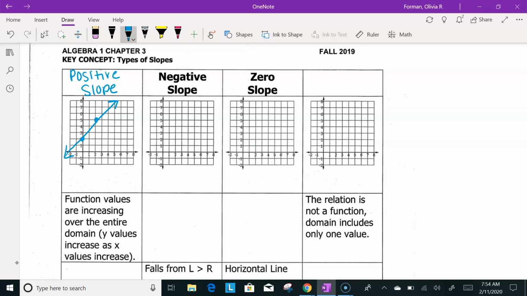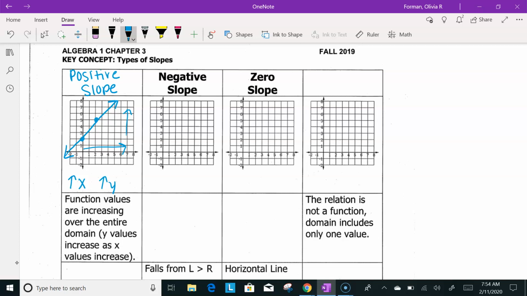If you look at how it is described for a positive slope, it says that function values are increasing over the entire domain. In other words, y values are going to increase as your x values increase. So as your x increases, your y increases. We can see that as we go right, as our x values get larger, our graph is getting higher.